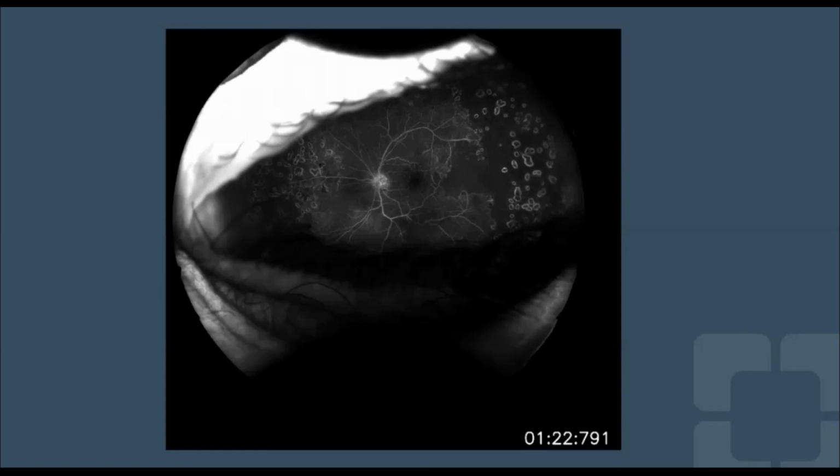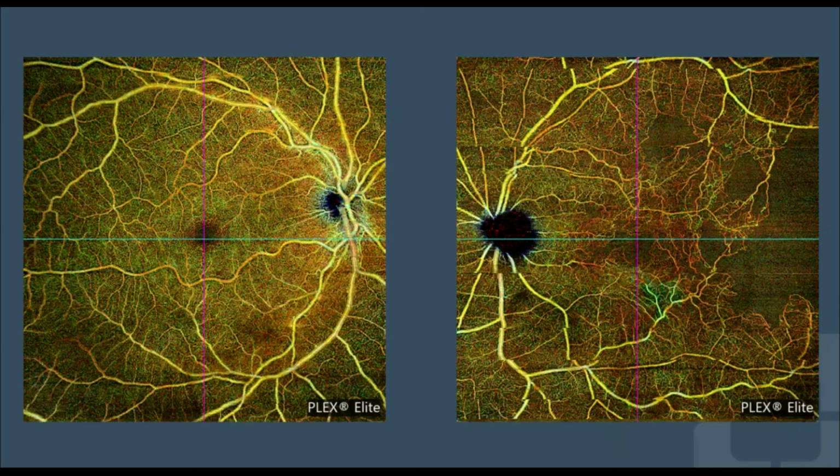It's harder to say, though, what things look like in regards to foveal avascular zone, and I'm going to show you a couple of the images of OCT-A, and I think this shows very clearly to the patient the difference.